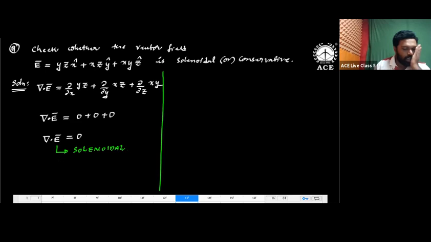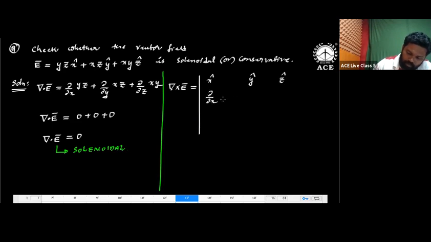Then what about the curl here? Curl of E: x cap, y cap, z cap; dou by dou x, dou by dou y, dou by dou z.